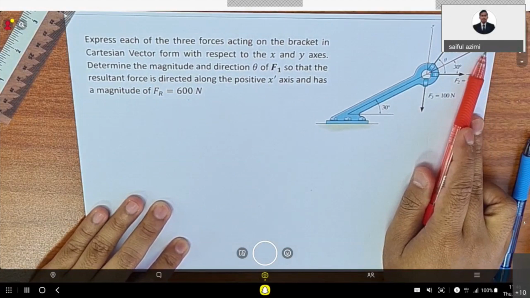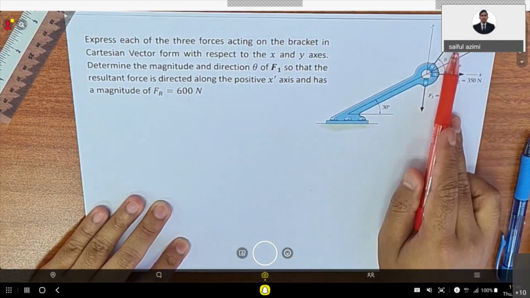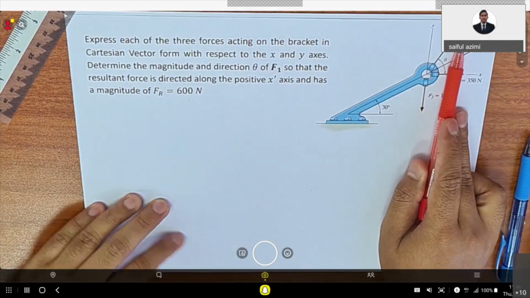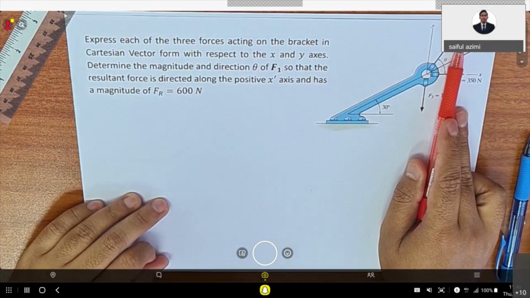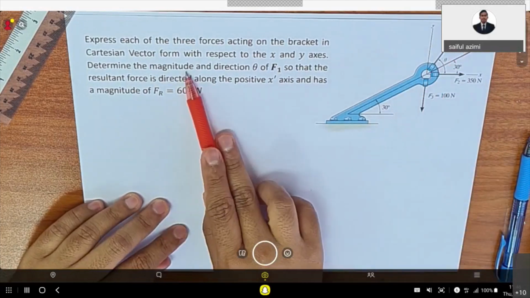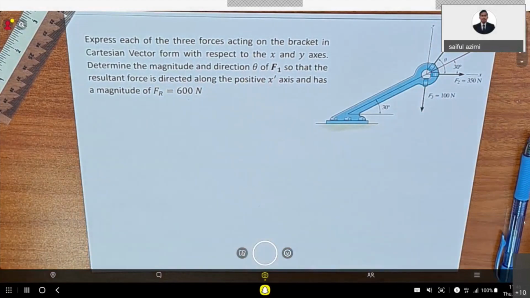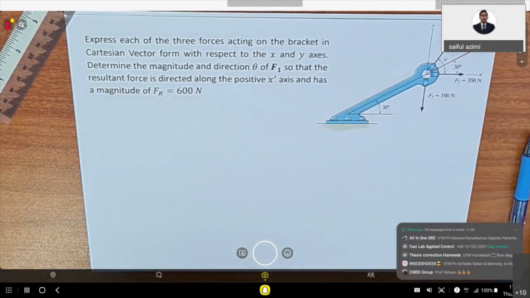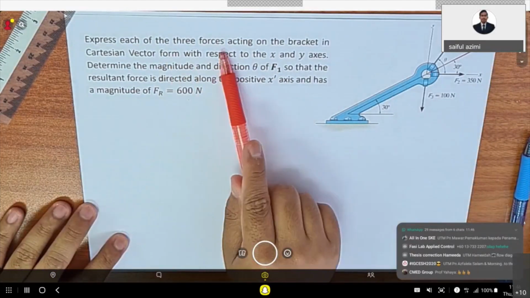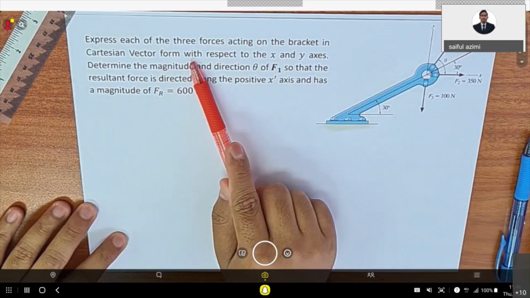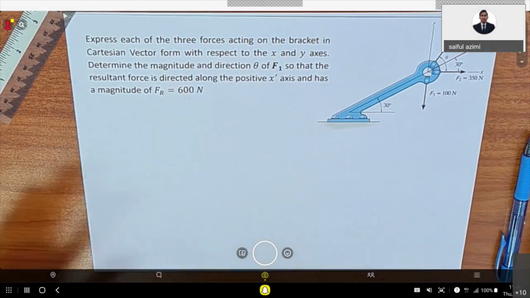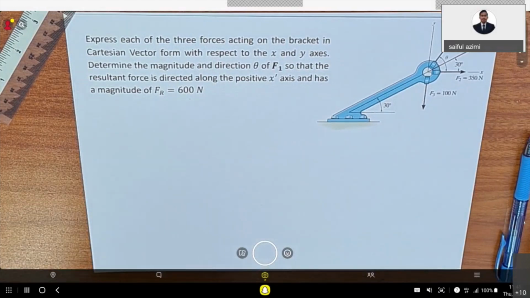And this time, they want you to find the value of F1. What is the magnitude of F1, and what is the angle of F1? So what you should do first is express it in Cartesian vector form. You must remember and understand what Cartesian form is and how to convert into it.